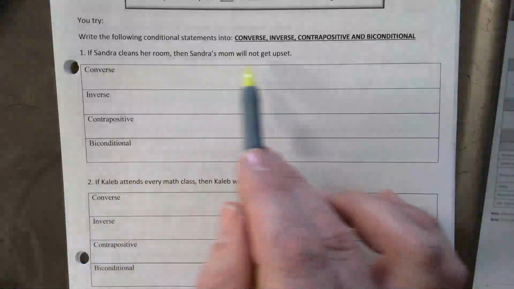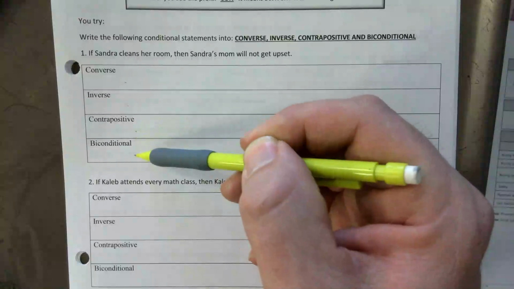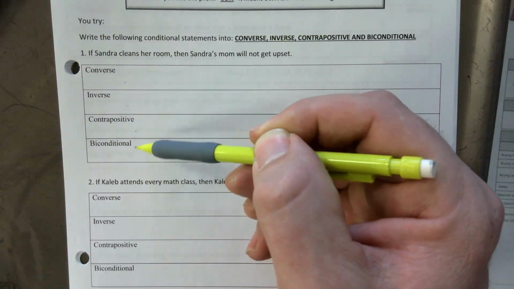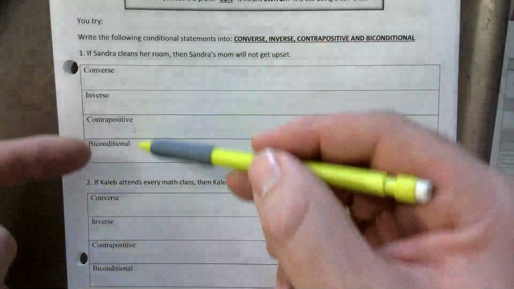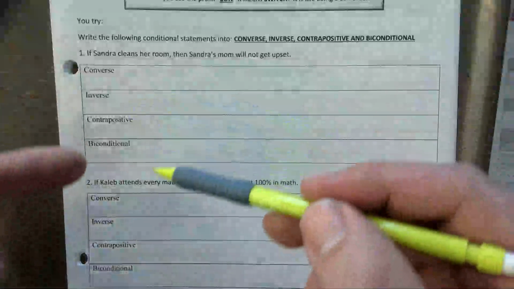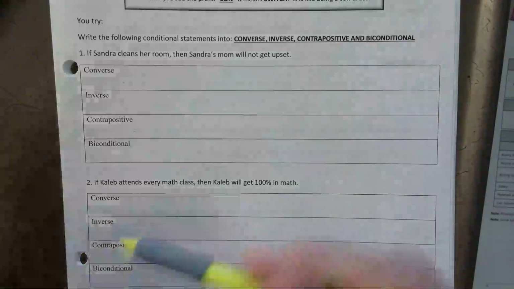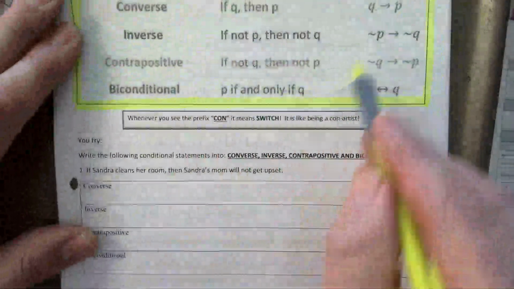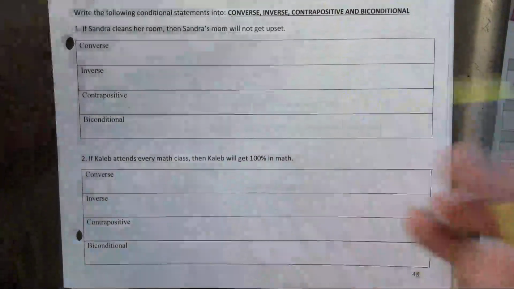So I have a bunch of if statements. I want you to write the converse, the inverse, contrapositive, biconditional. I wish I would have mixed these up on you every table. I didn't. It follows the same thing over and over. But I'll ask you for random formats. You just have to have this in front of you and you should be able to do it. Okay? So give this a try.